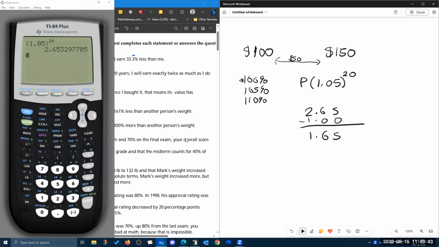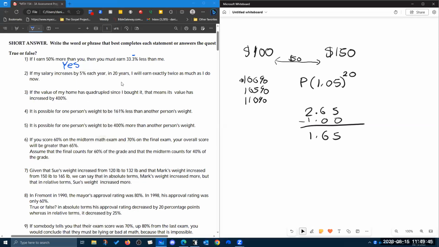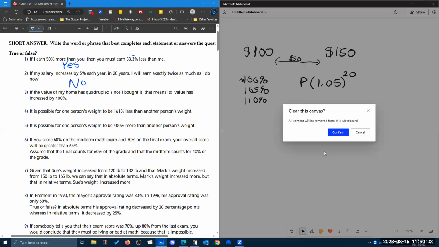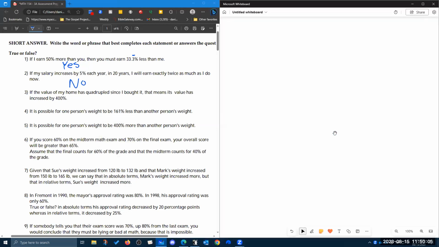So you're actually going to be earning more than double, because you're going to be getting an increase on an increase. So no, this doesn't make sense, right? We'll talk about the idea of compounding interest and compounding values like that later on in investments.